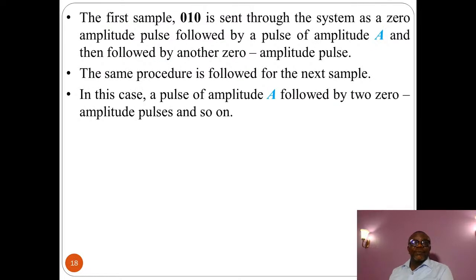Now, the first sample, 010, is sent through the system as a 0 amplitude pulse, followed by a pulse of amplitude A, and then followed by another 0 amplitude pulse. So it's 010. The same procedure is followed for the next sample. In this case, a pulse of amplitude A followed by 2 zeros, and so on.